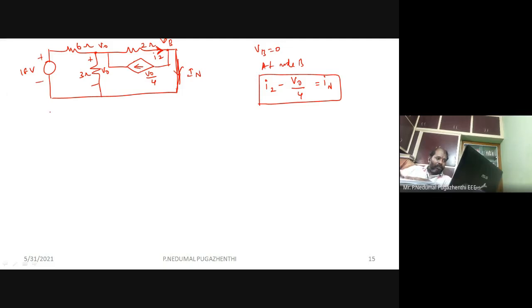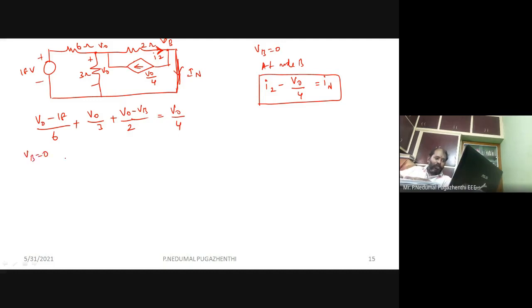Then from this particular node V0, I will write (V0 minus 18) divided by 6 plus V0 by 3 plus (V0 minus VB) by 2 is equal to the only current which is coming towards that node, V0 by 4. VB is 0, already we know.